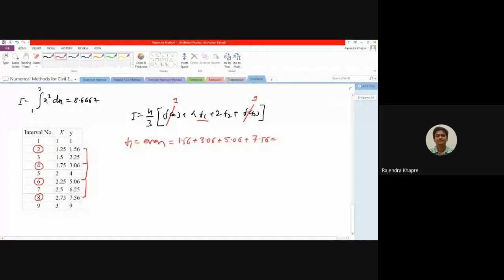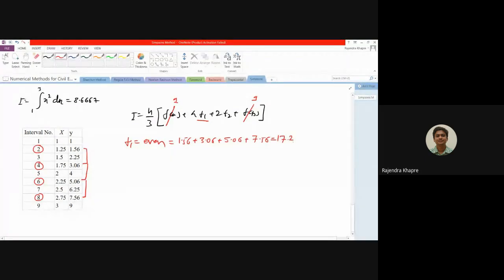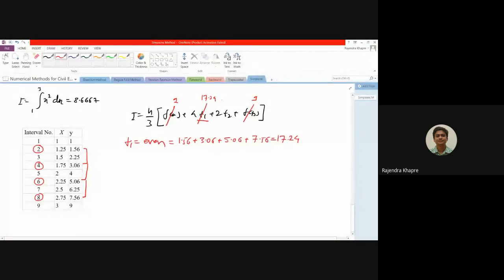Can somebody tell me what will be the T1 term? 17.24. So this T1 term is 17.24. Someone please cross check this value.